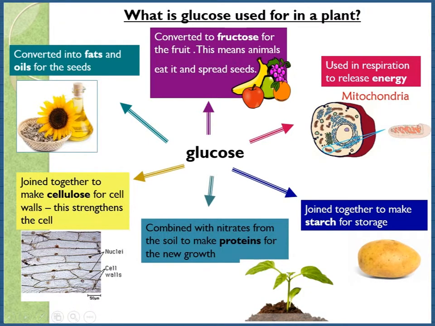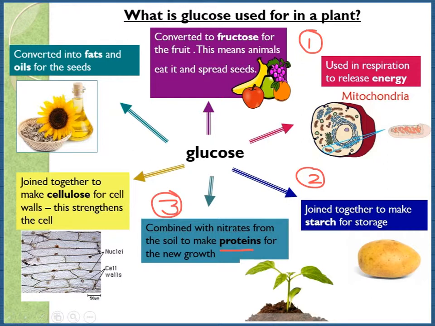In the specification, it does mention that glucose is produced in photosynthesis, and you need to know what it is used for. So here's a really good list. Firstly, it's used in respiration, released as energy. It can be joined together to make starch for storage. It can be combined with nitrates from active transport coming into the roots to make proteins.